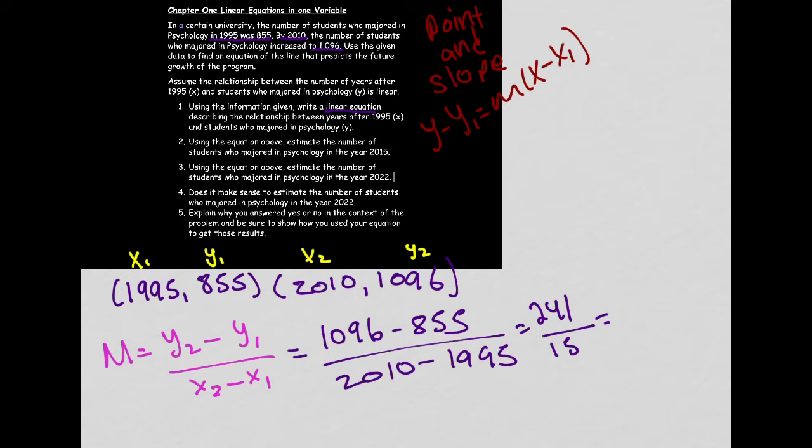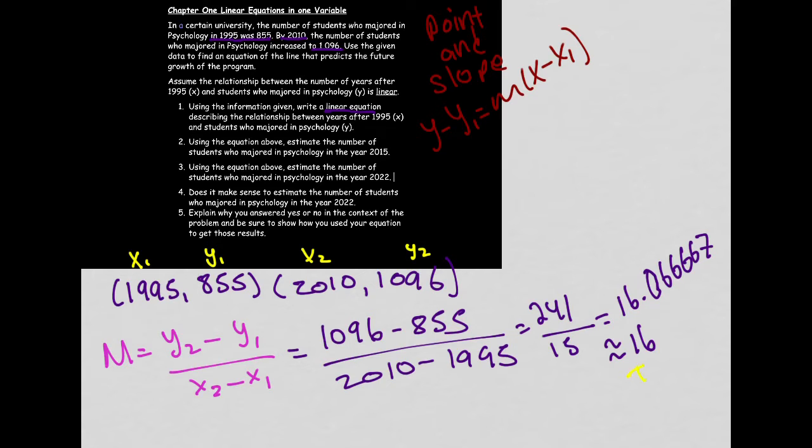Once we do this part right here, we get 16.066667. I'm going to round this to 16 to make this easier. All right? So we found our slope.